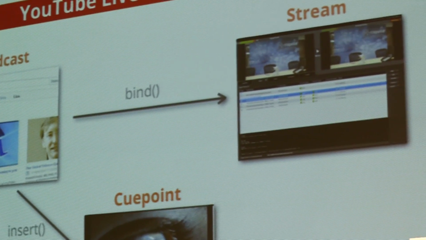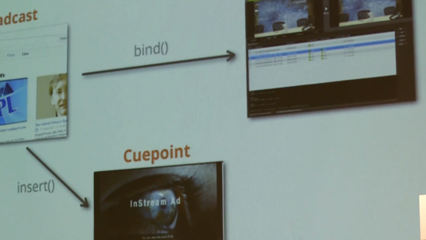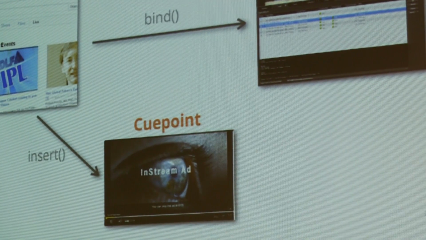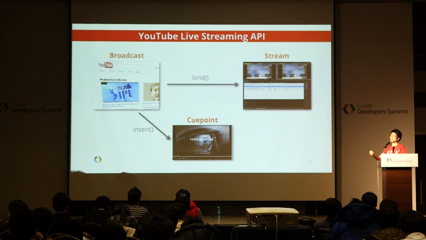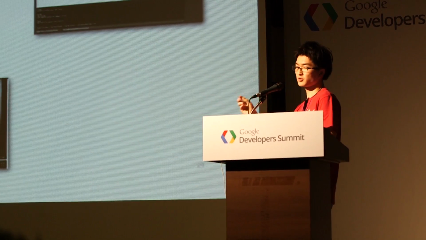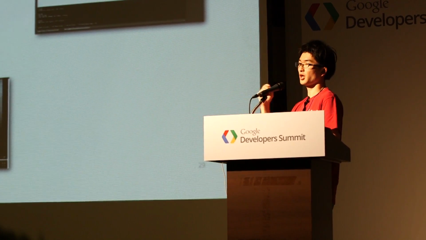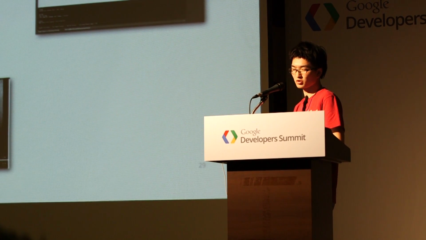After that, the YouTube API returns the actual endpoint where a user has to put the live streaming. So the device or some software just sends the live stream to the endpoint, which is returned by the YouTube API.